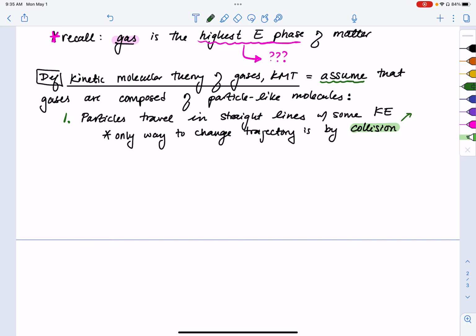This can be into other particles, or if we're thinking more practically, like what are we looking at this sample of gas in? We're looking at it in some kind of container. So we can look at collisions with whatever our container is.